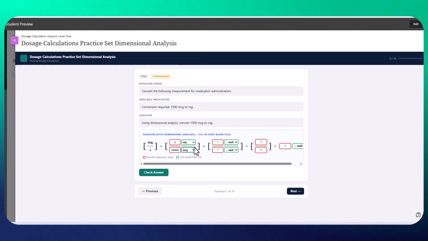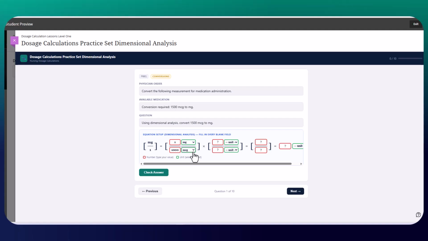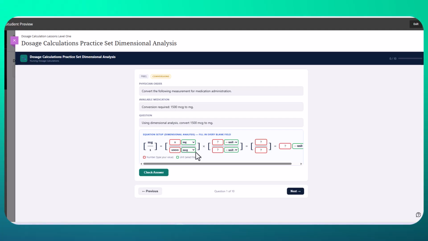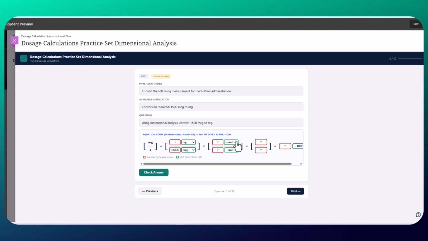Micrograms. 1 milligram is equal to 1,000 micrograms. That's one of those conversion factors that we have to memorize. So if micrograms is on the bottom of this fraction in the denominator position, it must be in the numerator position of the next fraction in order to cross cancel.